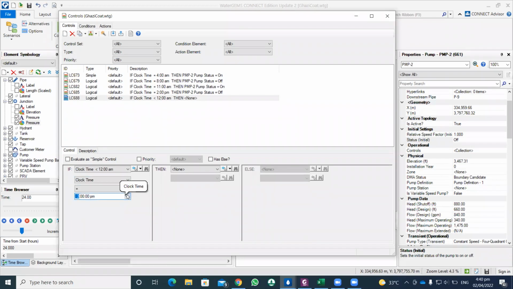So when the time reaches 5 p.m. the pump should turn on.